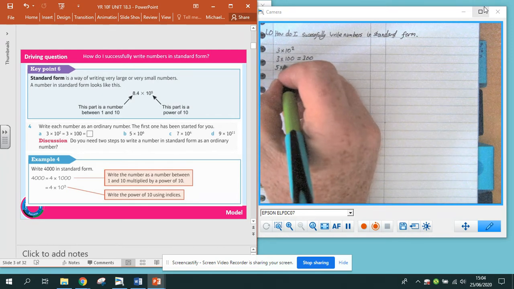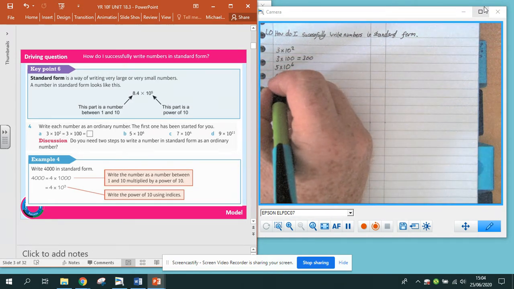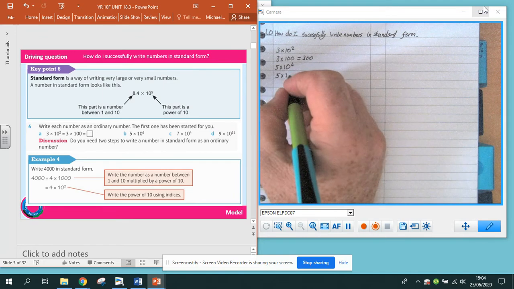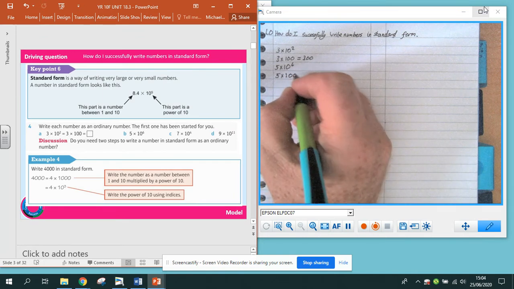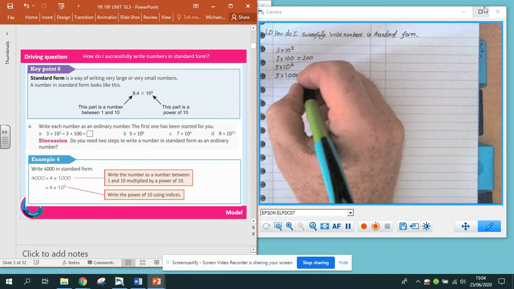5 times 10 to the 6th is the same as 5 times a million. Remember, we've got 6 zeros. The power of 10 tells you how many zeros there are in the number.